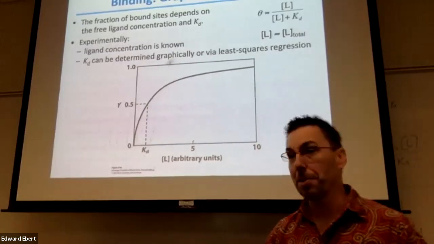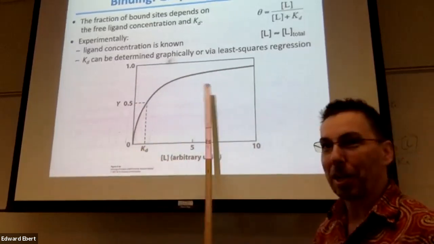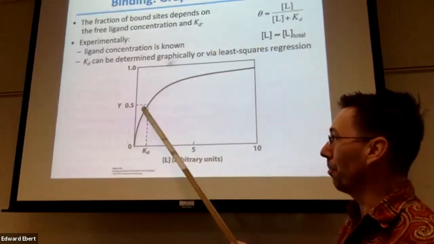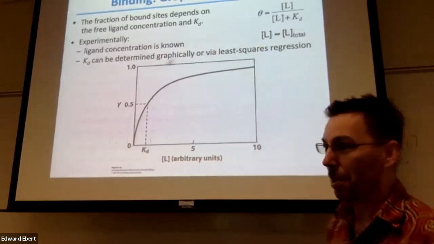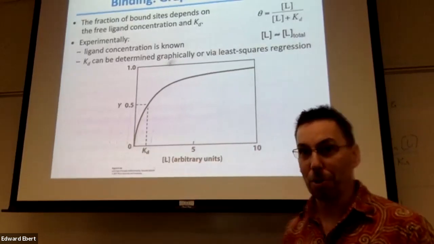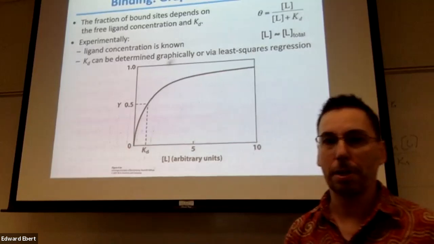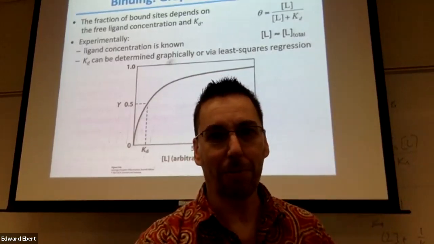Is this the best way to do that? Not really. We could actually plot this a different way to generate a straight line and a line equation and figure out where this is. But we see our asymptote up here, total occupancy. In practice, we pretty much almost never have complete occupancy. Okay, just thermodynamically not going to happen.